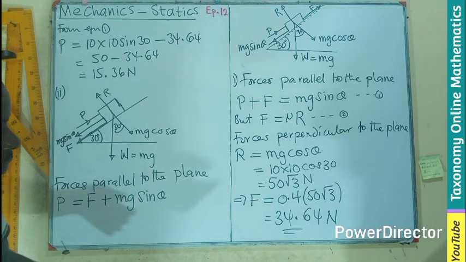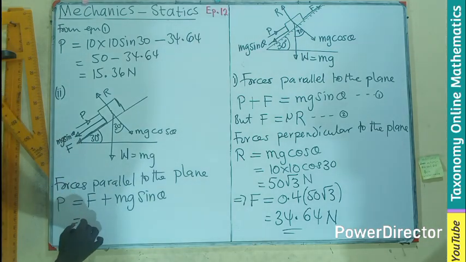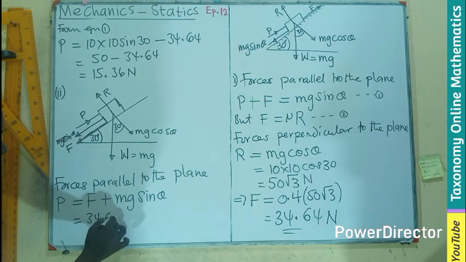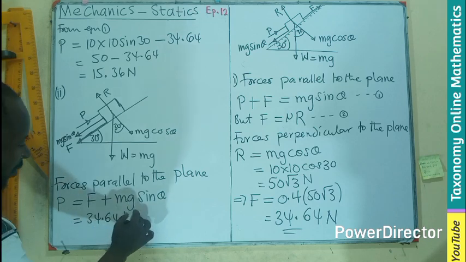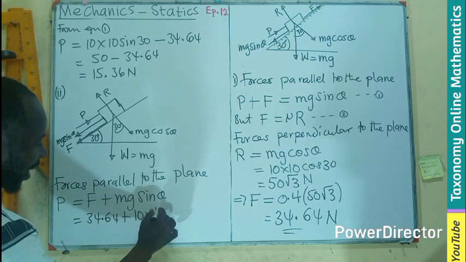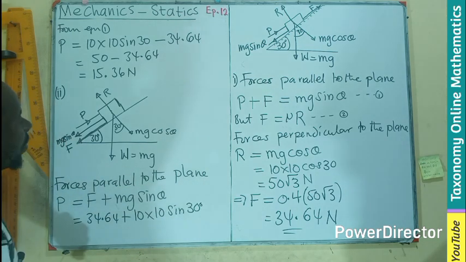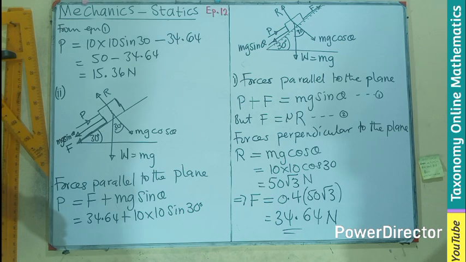That gives us what we are seeing in there. I think we know what the force is here, so I'll only add 34.64 plus 10 times g, right? 10 sine 30 degrees. And if I do that, I should be having 100 and this 50.